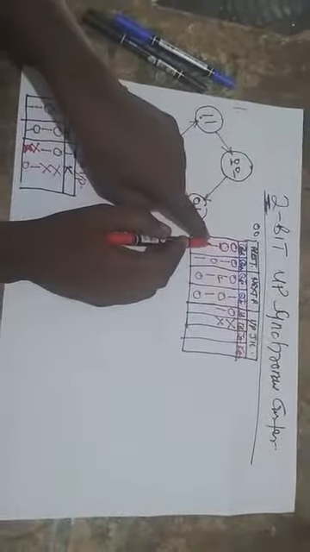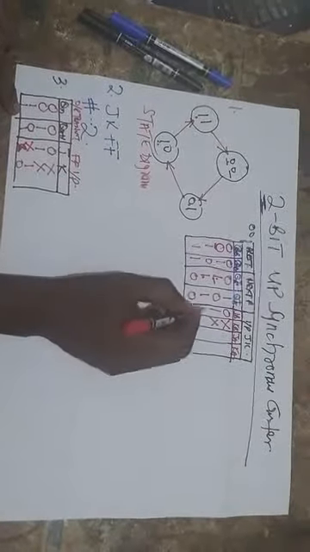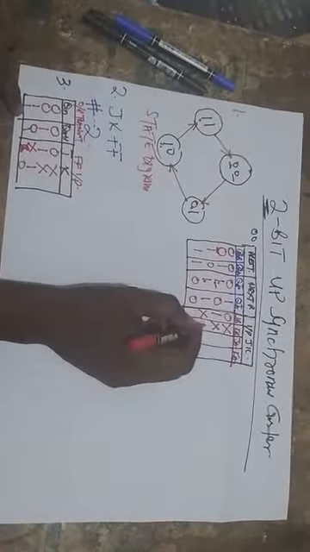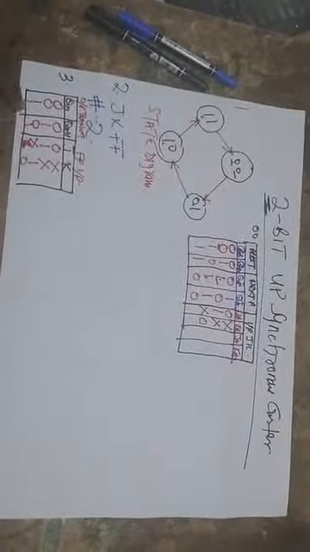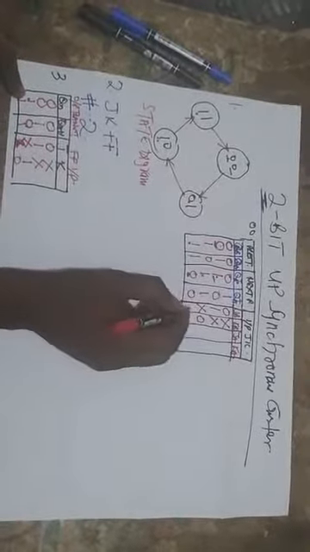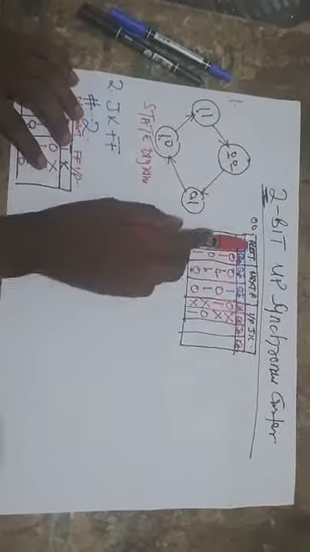Now we do the same. When the present state is 1 and the next state is 1, it is don't care, then 0. And finally, when the present state is 1 and the next state is 0, it is don't care 1. So I'm done with the B.